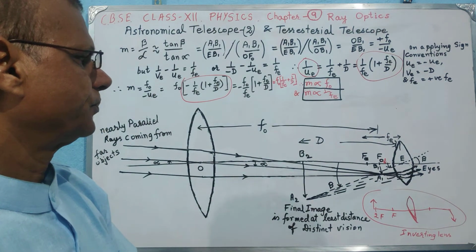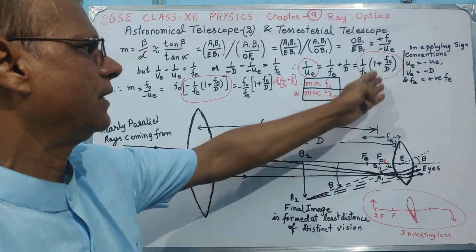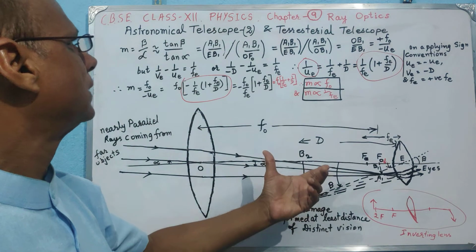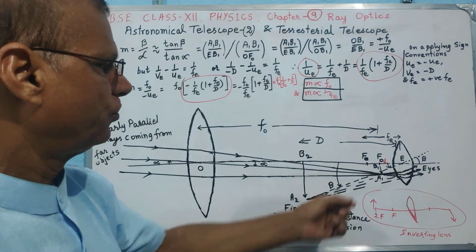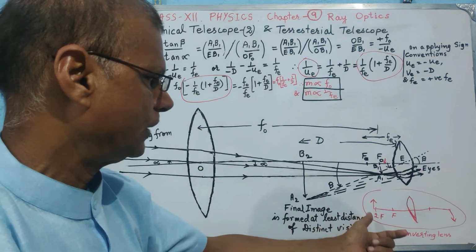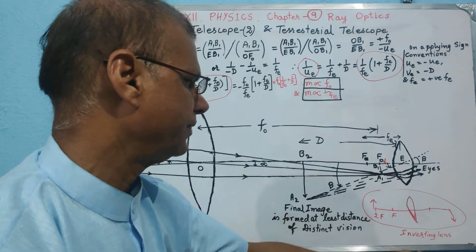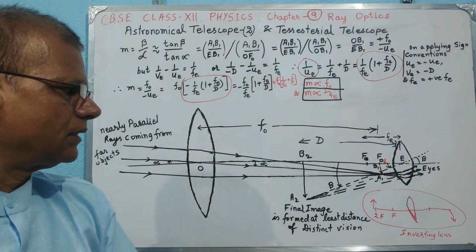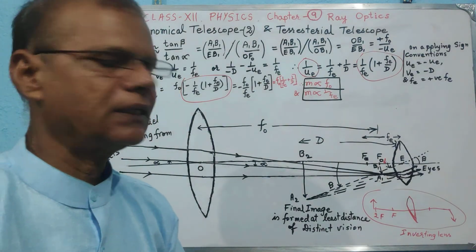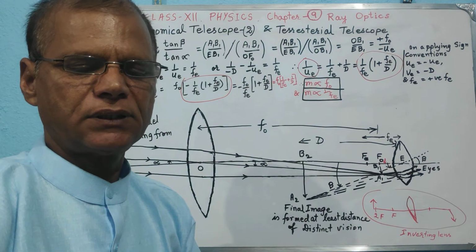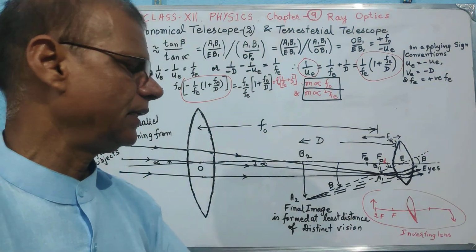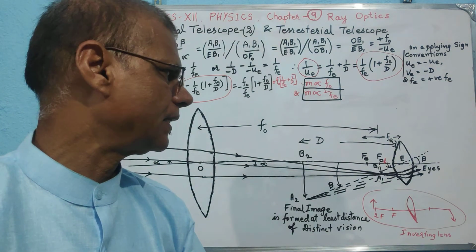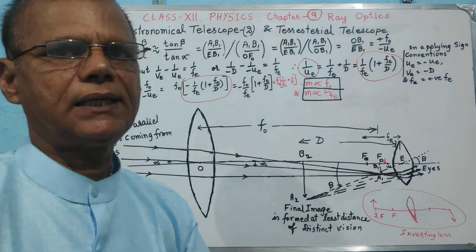Only the length of the terrestrial telescope will increase by a length equal to 4f of the inverting lens. Please go through other details of doing the same job, means inverting the image by other methods, so that you have a greater understanding of the terrestrial telescope.